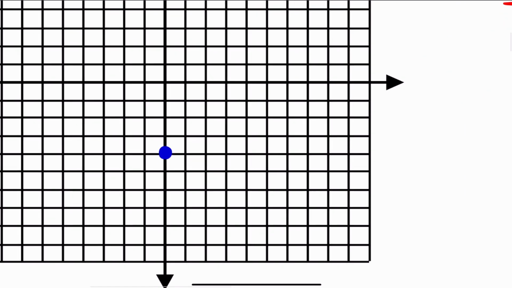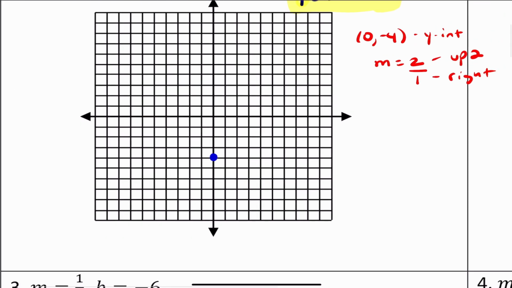So this is my game plan. I'm going up 2, then right 1. And this is where I draw my point. Up 2, then right 1. Draw my point. Up 2, then draw my point there after I go right 1, and so on and so forth.